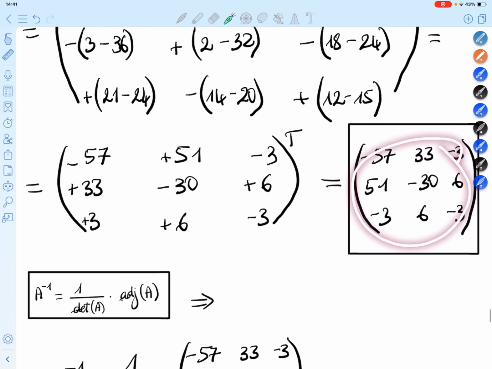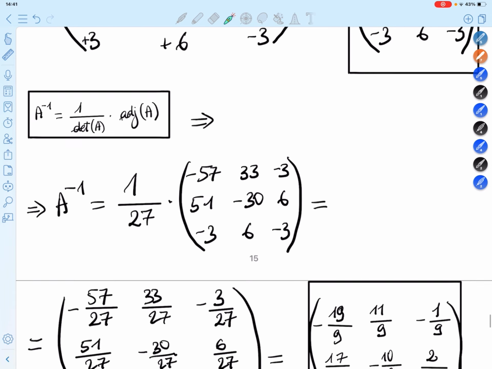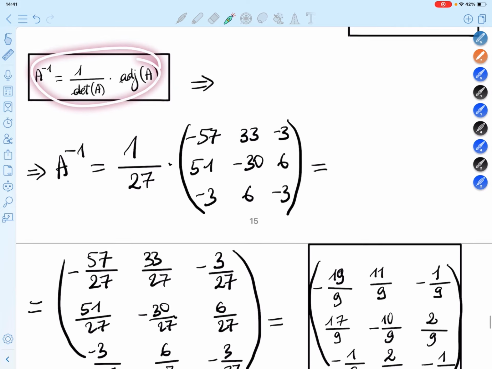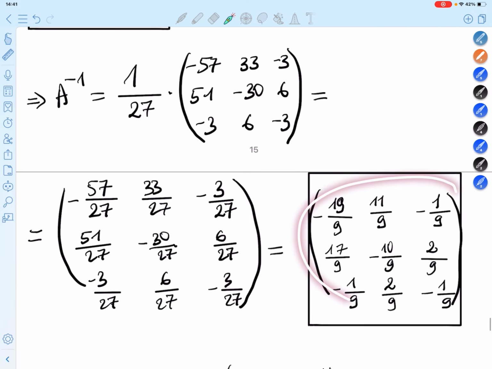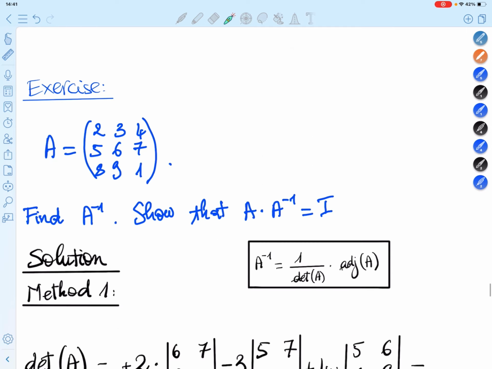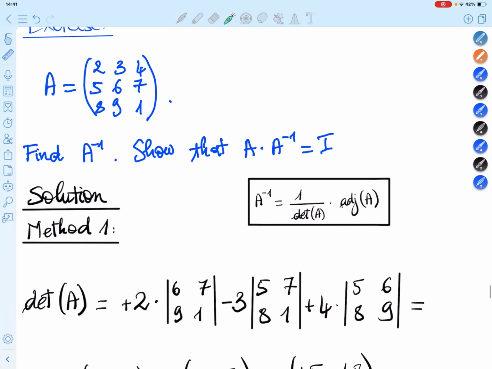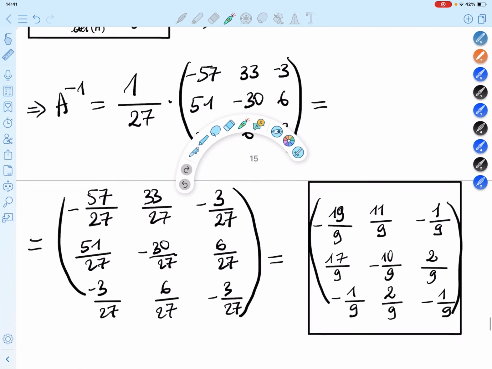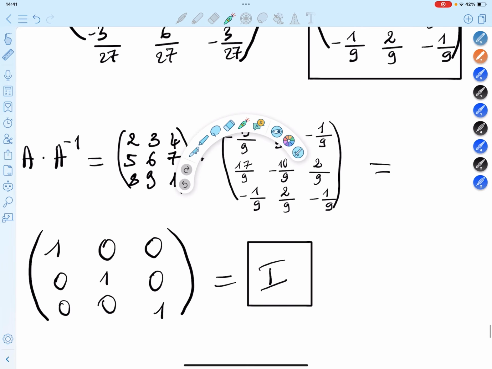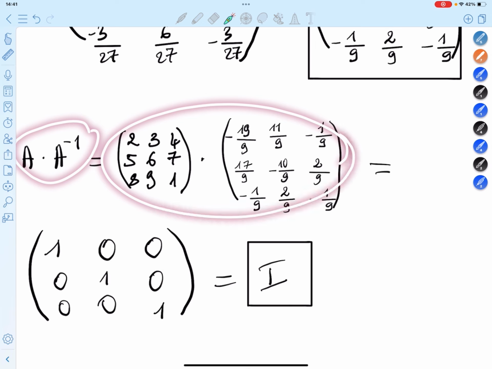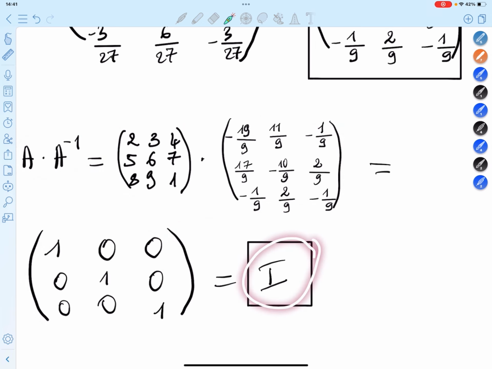Then we used our formula and found the inverse. Lastly we showed that A times A inverse is the identity matrix, which is a matrix where all the diagonal is 1 and everything else is 0. So we have done the multiplication of A and A inverse, which gives this matrix, the identity matrix.